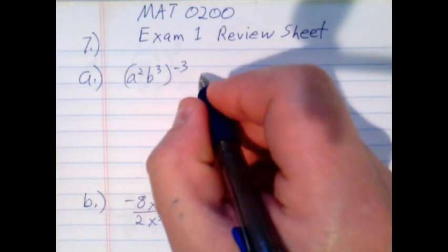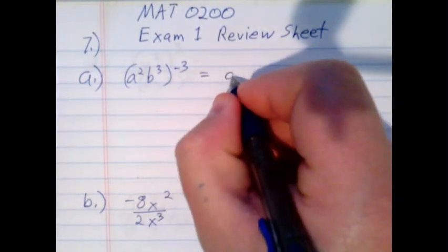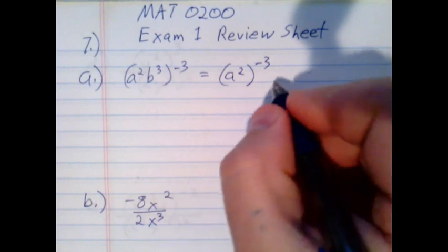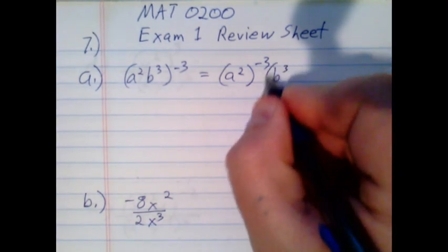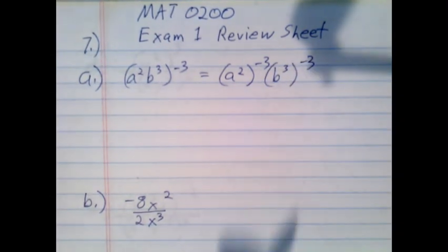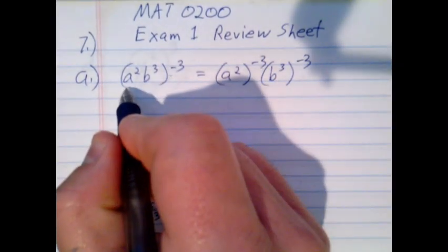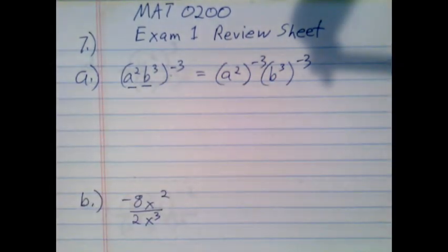So this can be rewritten as a squared raised to a power of negative 3 times b cubed to a power of negative 3. Okay, so I just distributed this power to each of these products.